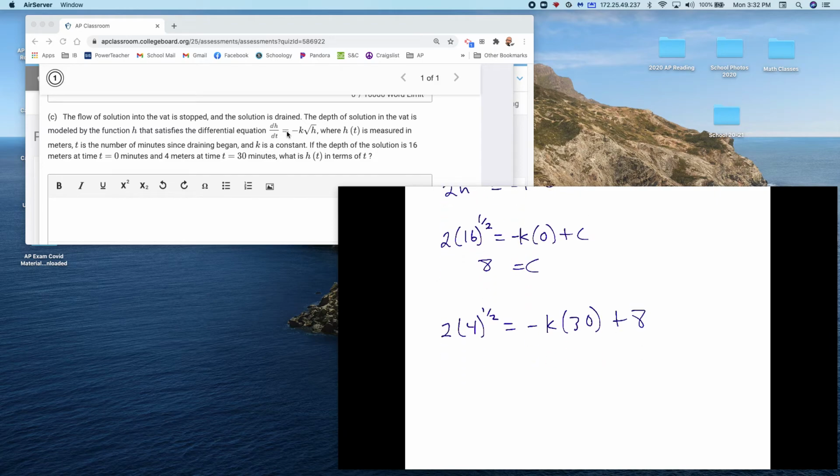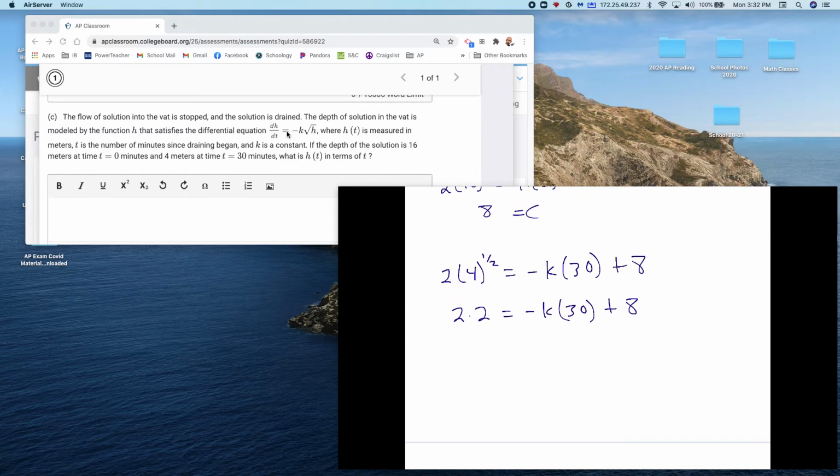So we have 2 times 2 equals negative k times 30 plus 8. And so we get negative 4 divided by negative 30 is equal to k, so k is just equal to 4 divided by 30.